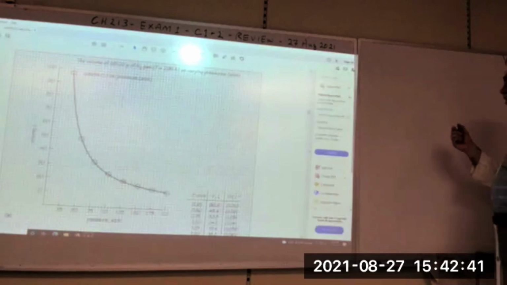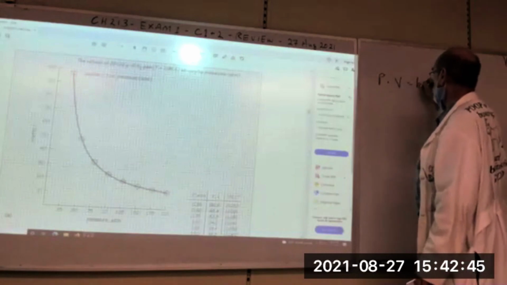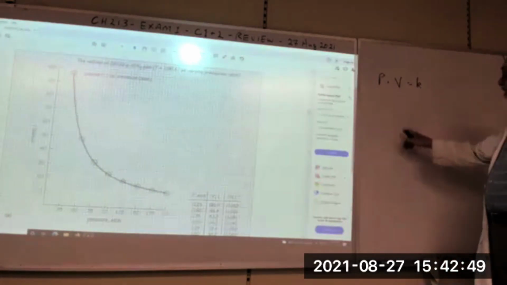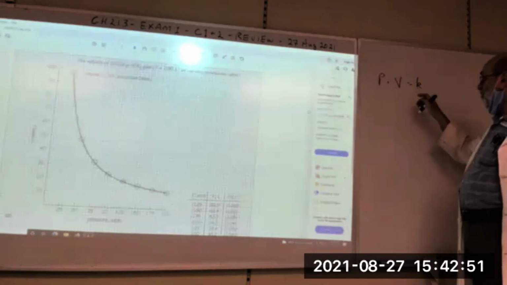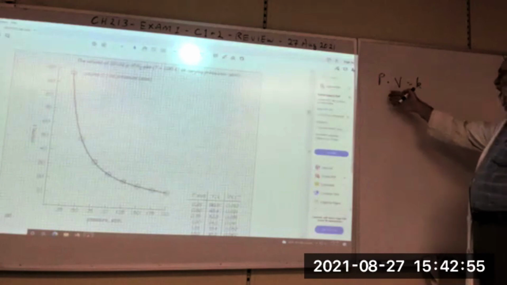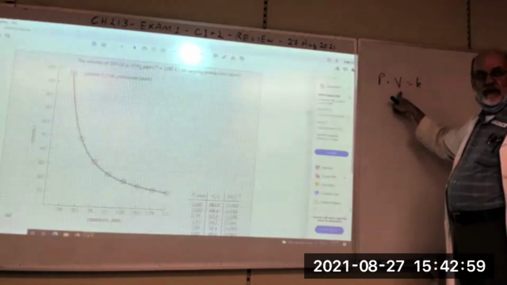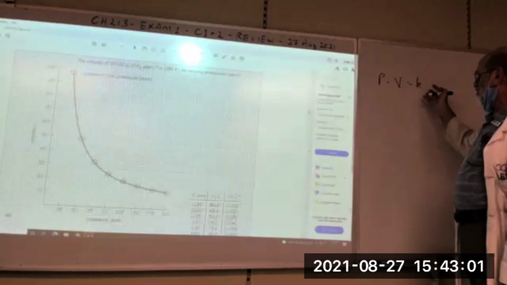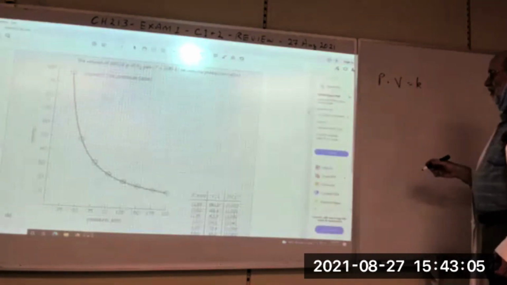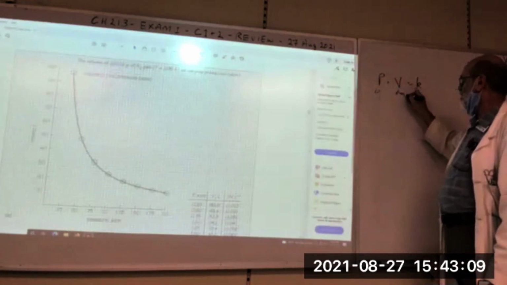But Boyle's law says pressure times volume equals a constant value. That's all it does. And whenever you have this, like that, the plot of that, this will be X. He varied the pressure and measured the volume. Well, that's the way he presented it. But this is the independent and this is the dependent.